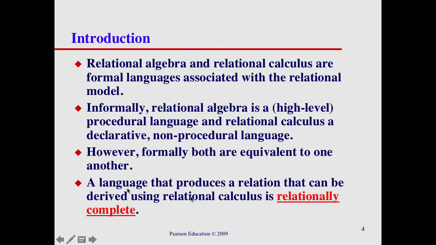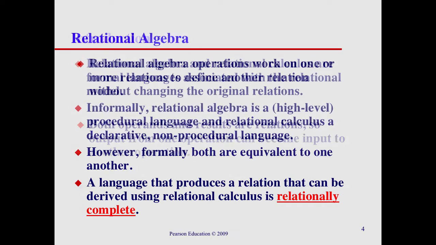So SQL is relationally complete because every query that can be expressed using the relational calculus can also be expressed using SQL. Any query that can be expressed using the relational calculus can be expressed using the relational algebra. We go through the relational algebra first because most students seem more comfortable with it.